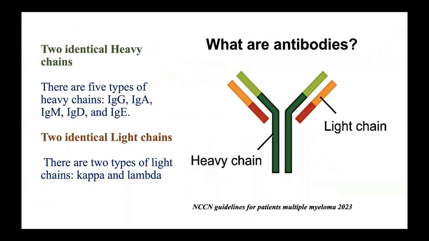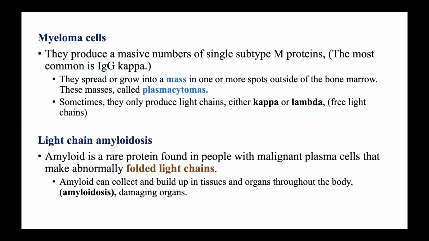Now, the antibodies are very unique. They have two identical heavy chains, which are of 5 different types: the IgG, IgA, IgM, IgD, and IgE. We find that the commonest is IgG in multiple myeloma. But the IgG could have the light chains of either kappa or lambda nature.